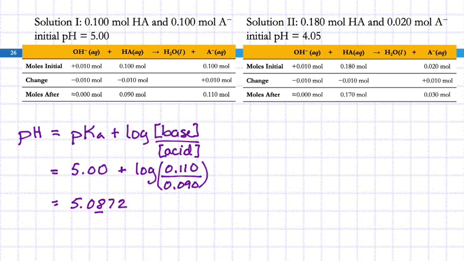So let's look at the other one. We're using the same equation, so I'm not going to write it over again. The pH for this one equals the pKa, not the initial pH, but the pKa, which is also 5, plus the log of the base, that's kind of a pitiful little 0 there, divided by the acid.